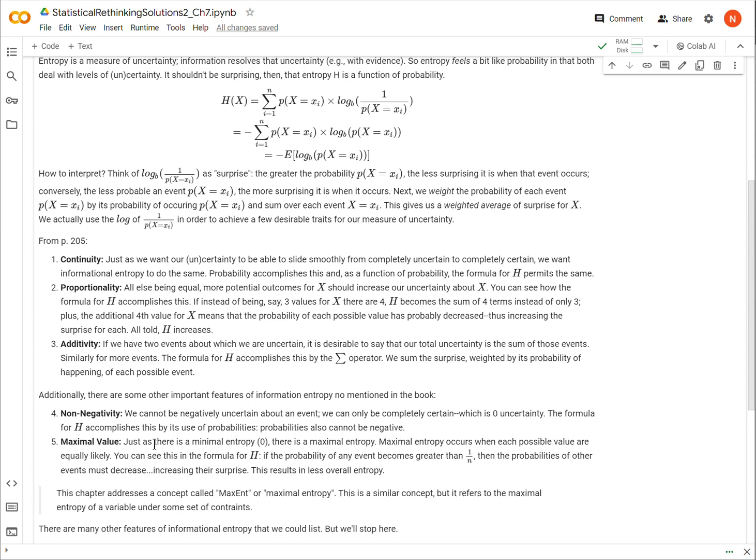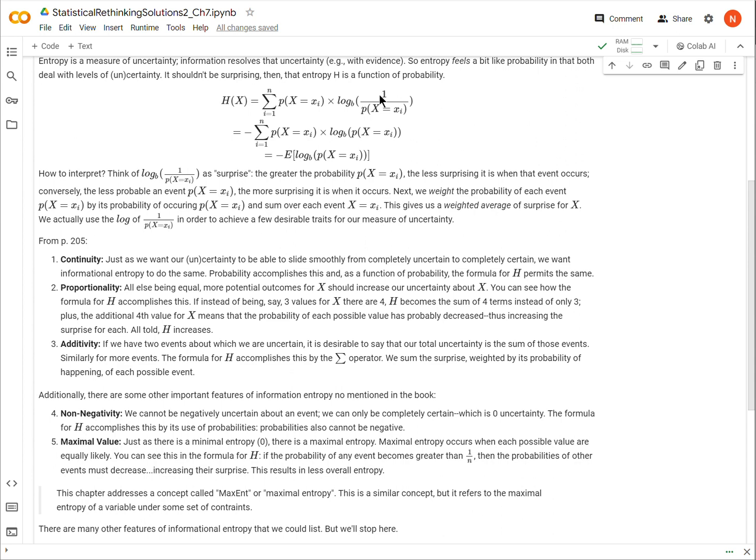And then the other one is maximal value. So entropy has a maximal value, and what the maximal value will be depends on how many options x has. Okay, the maximal entropy occurs when the probability of each option, or each value of x, is equally probable, right?